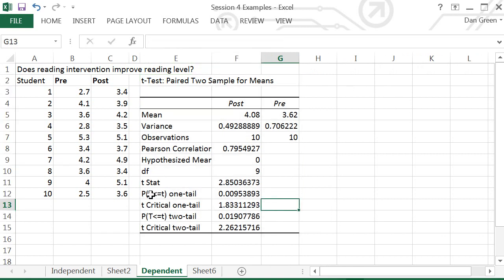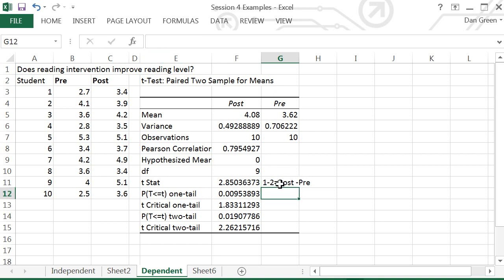This is a one-tailed test here because we're trying to test and see, is the post-test score greater than the pre-test score? When they figure this t statistic here, what they're testing is 1 minus 2, which is equal to post minus pre.